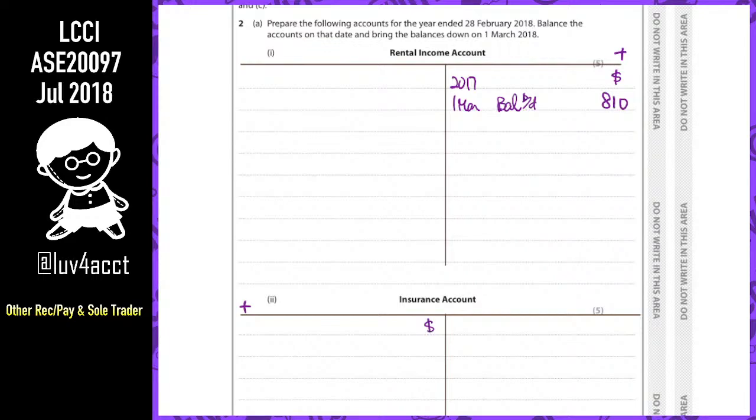And for insurance, balance debit 105. This is a prepayment, while the other one is a payable, an income in advance. Someone pays you first.